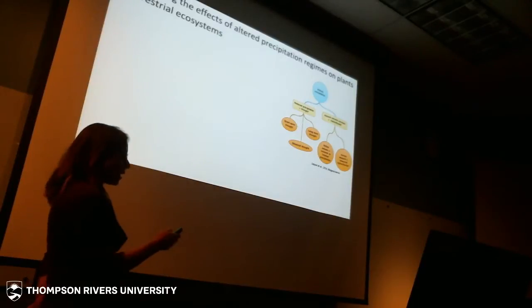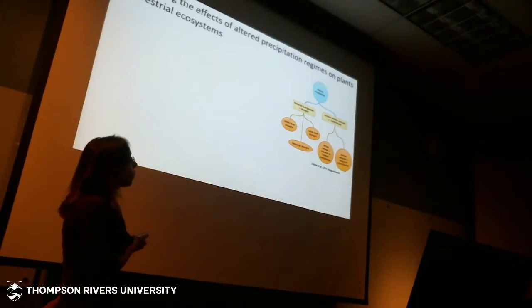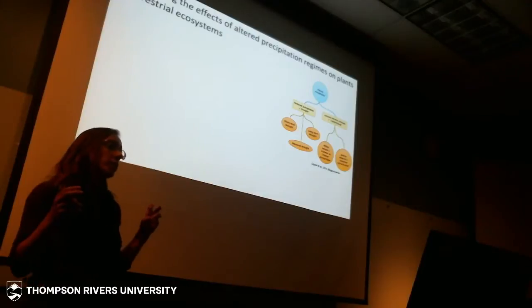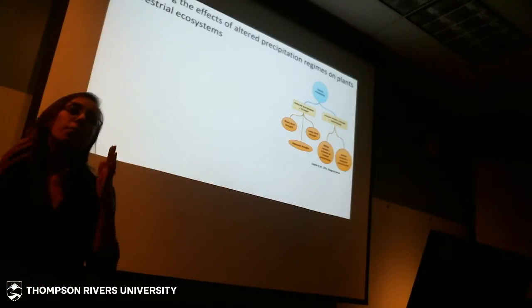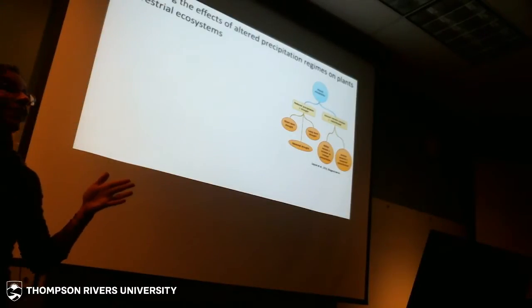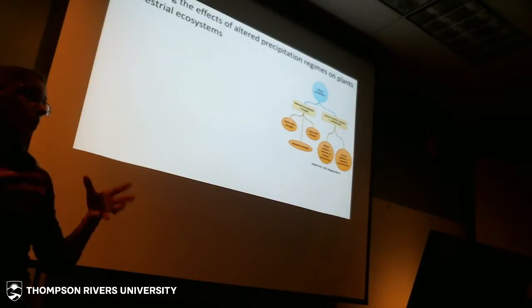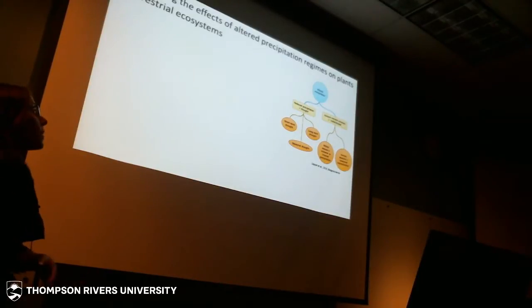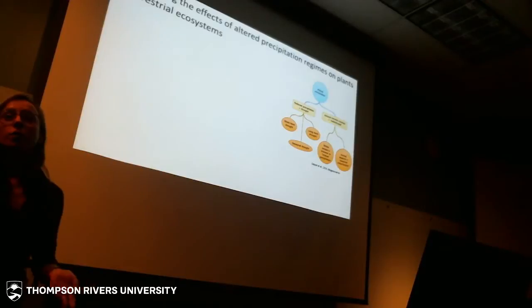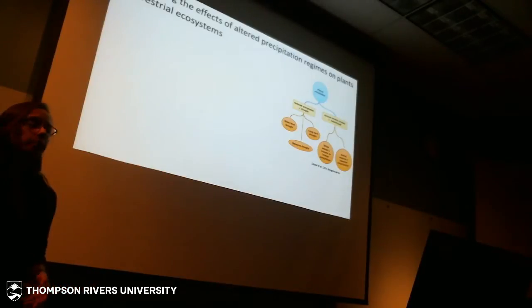This can be within season or extreme intense precipitation, where you're droughting the plots for a certain time, but then adding that water back in one major event. And it can also be across seasons, or seasonally redistributed.